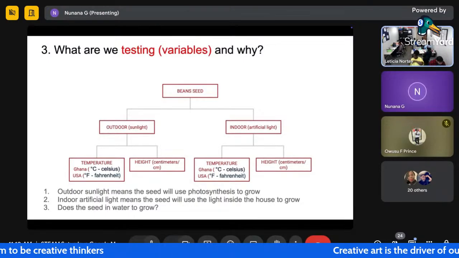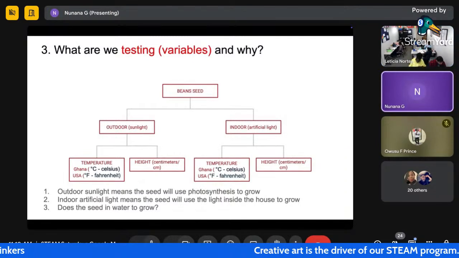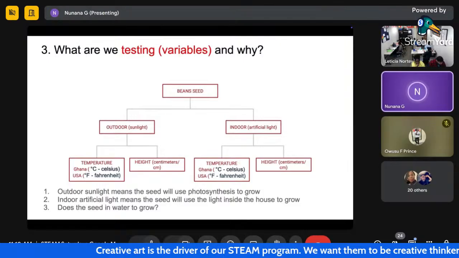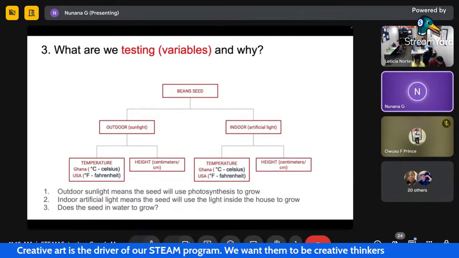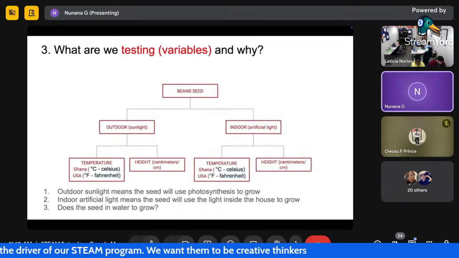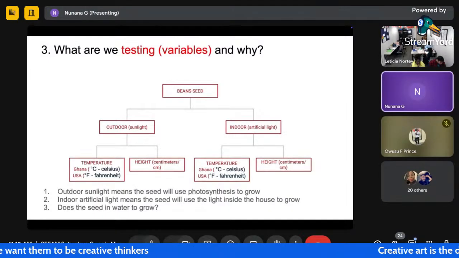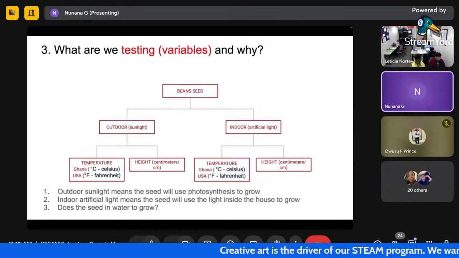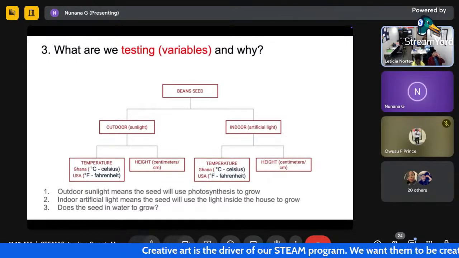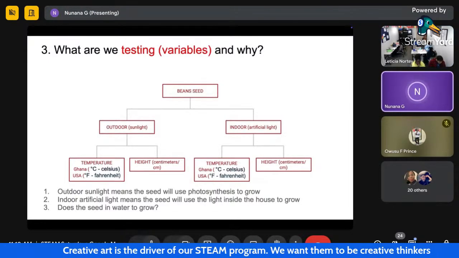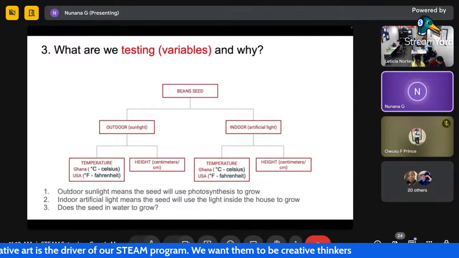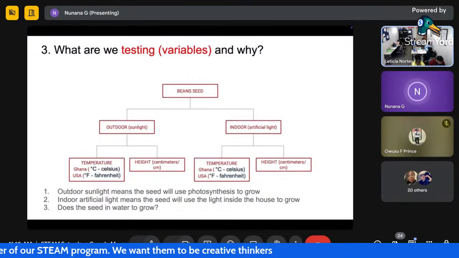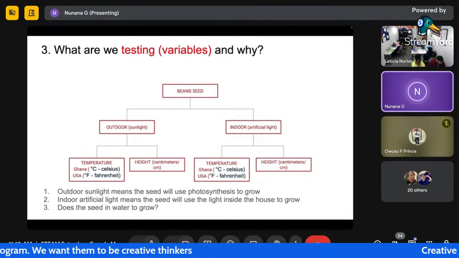So we're trying to help a small village in Ghana, right? They have 26 seeds to plant. And we want to find out whether if they plant the seed outside or if they plant the seed inside, which one will grow the fastest.